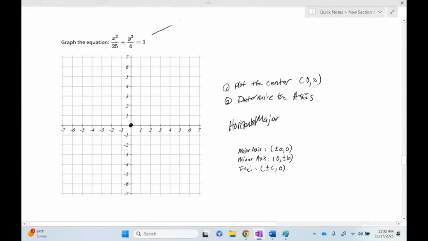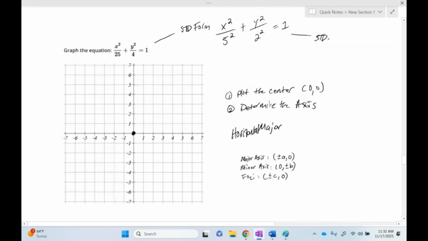If I were to write this in standard form, it would be written as x squared over 5 squared. When you write it in standard form, they actually want to see this denominator squared. Plus y squared over 2 squared is equal to 1. This is standard form.